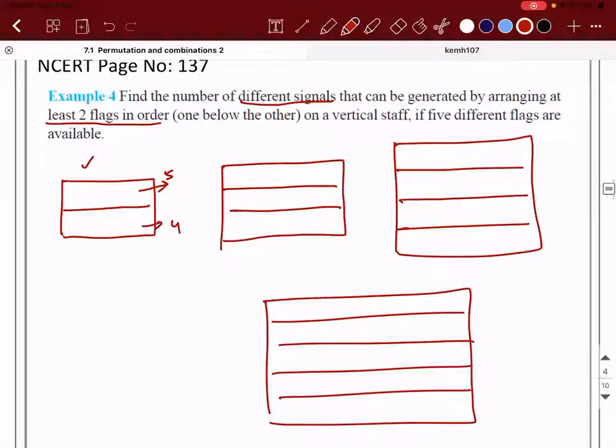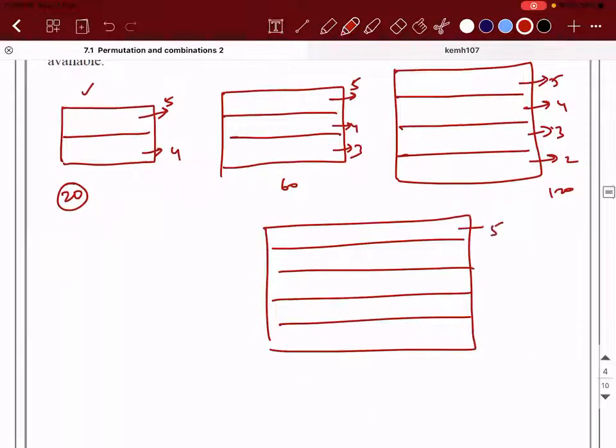From the 5 different colors, if you need to form a 2-colored signal, you have 20 signals that are possible. Similarly, for 3, it's 5, 4, 3, which is 60. 5, 4, 3, 2 is 120. 5, 4, 3, 2, 1 is also 120.